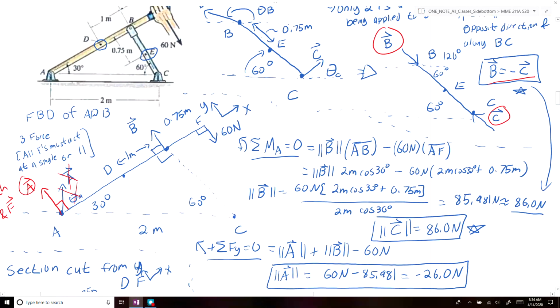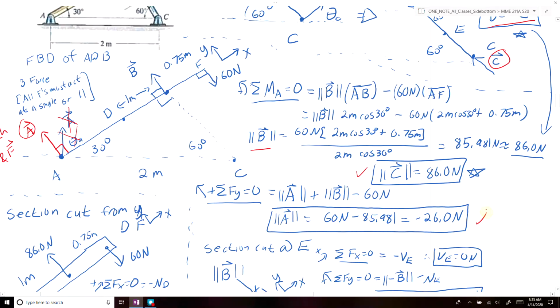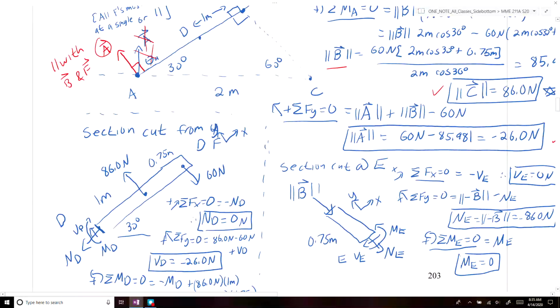Alright, and then using the equilibrium equations, we could solve for our unknown forces at our joints. So we were able to solve for force B first, and then we could solve for force C from that, and then we were able to solve for force A. Once we had all of our unknown forces, we then just had to take our section cuts of our two sections.